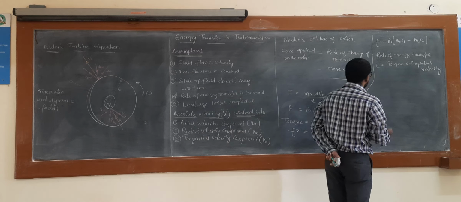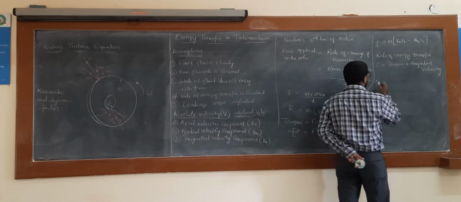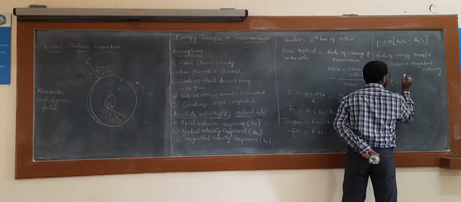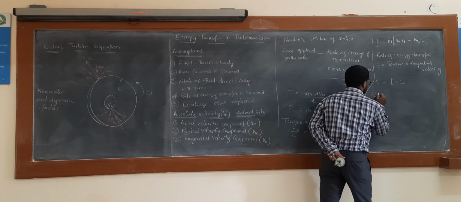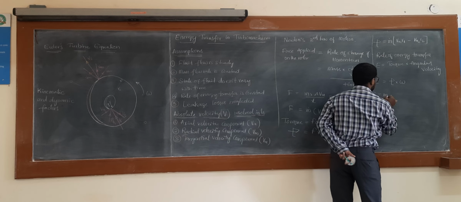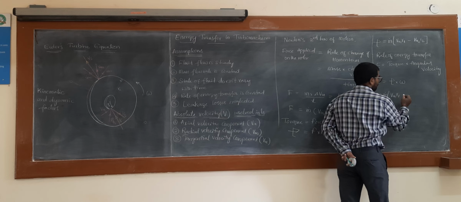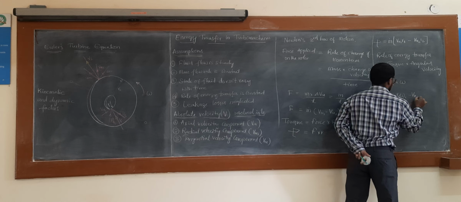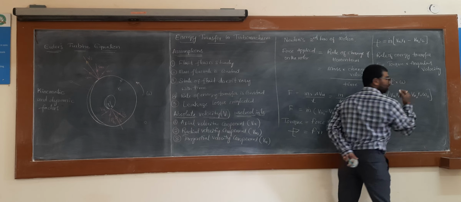What is the rate of energy transfer? Torque into angular velocity omega. Then what is the torque here? Torque equation: m dot VU1 R1 into omega 1 minus VU2 R2 into omega 2.